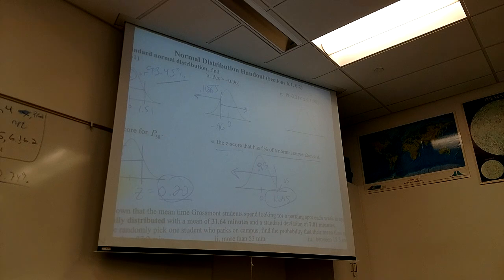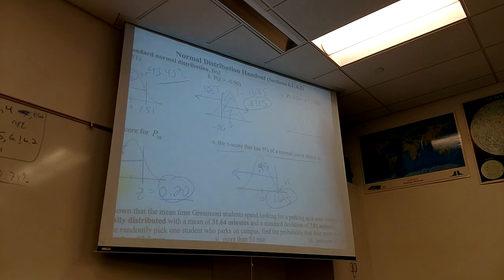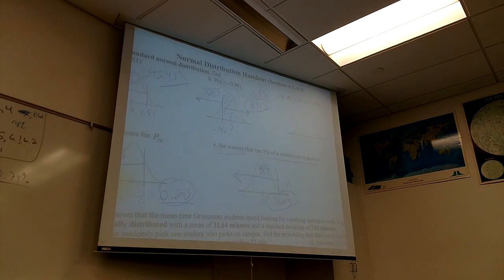Why? Because that's what the chart does. And how do I find the actual answer I want? Because I want this area. 1 minus 0.1685 is 0.8315. And if you like the shortcut, you can look up positive 0.96, and that would get you to the answer immediately. It's just that if you're not sure when to do that, just never do it.